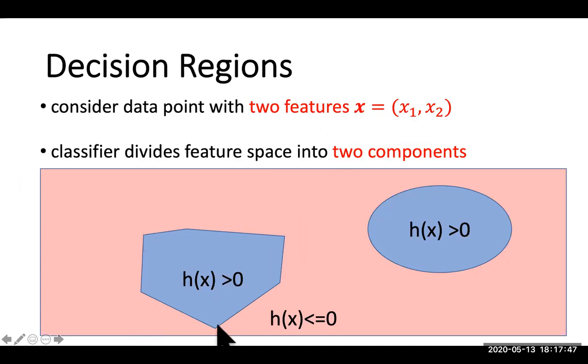The first component is all the data points with features resulting in a classifier value larger than 0. And the other component is all the data points with features such that the classifier map is smaller or equal than 0.